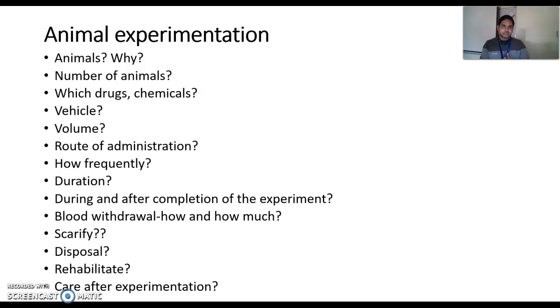Then the next information you have to write is how many animals you are going to use in your protocol. It depends upon your protocol and, as per statistical significance, a minimum of 5 animals have to be used per group. But in most of the protocols, maybe you have all seen, we keep 6 animals, 1 animal extra.